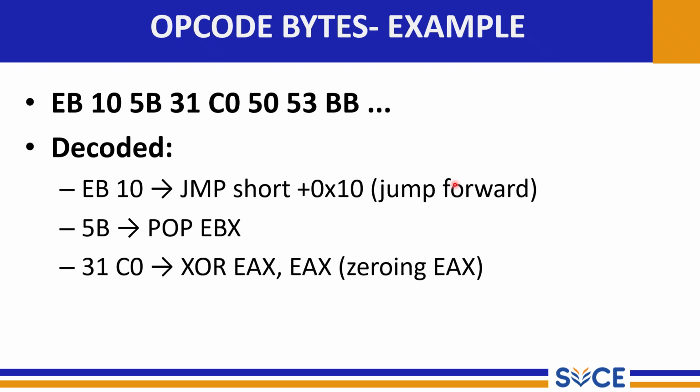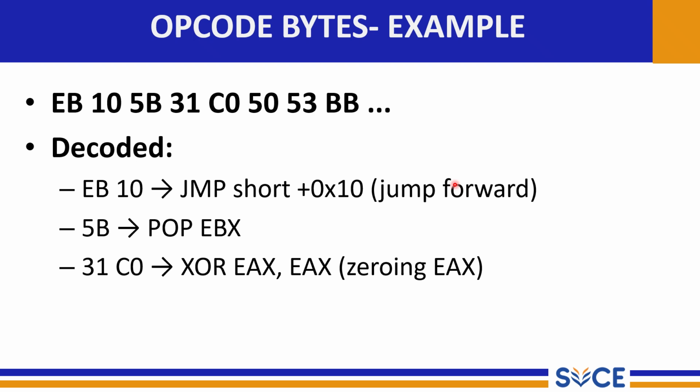And next, the ModR/M byte. Here in x86 architecture, this part specifies the addressing mode and registers to be used. Next, the SIB byte in x86 architecture is used for scale-index addressing.